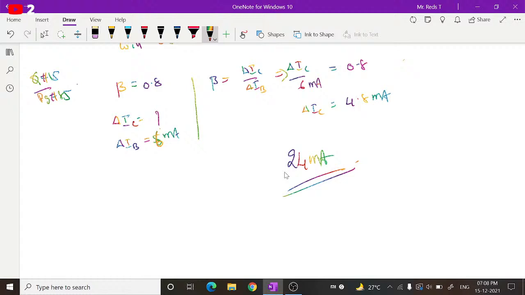Current amplification factor usually we consider in the common base configuration. According to this transistor, we need to consider alpha. It is not mentioned. If this is alpha, we cannot take this directly. We have to find beta. To find beta, we have to use the relation. If it is mentioned that the current amplification factor in common base configuration is 0.8, then we have to use it. Maybe some printing mistake is there, but we will cross check once.